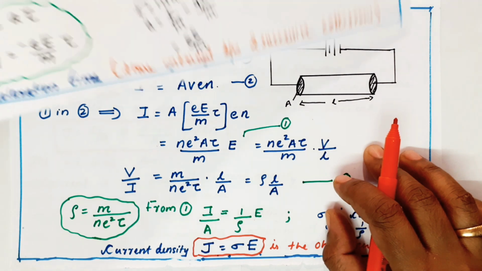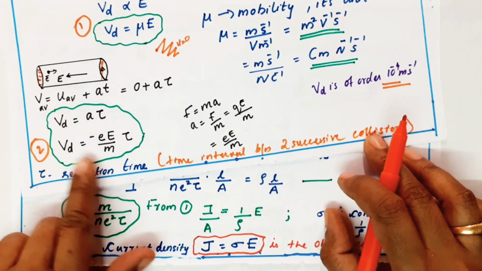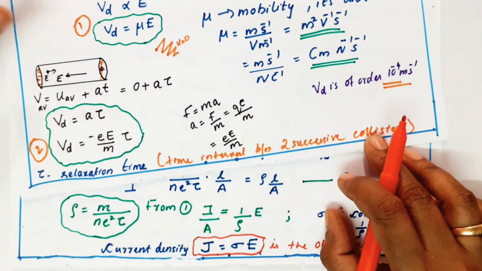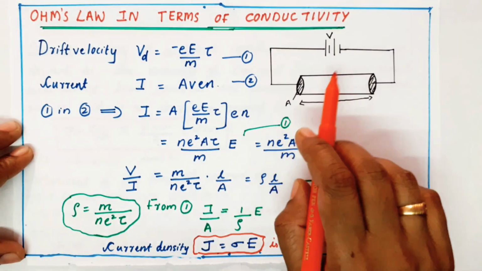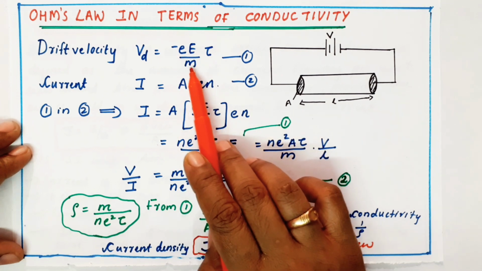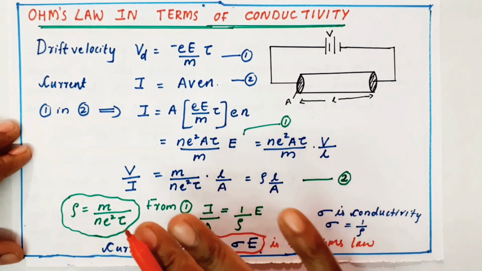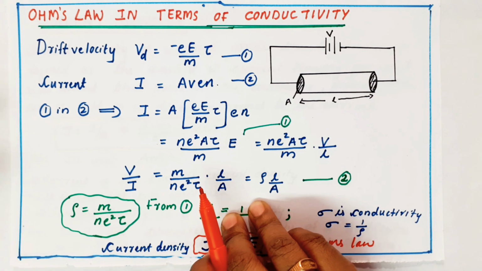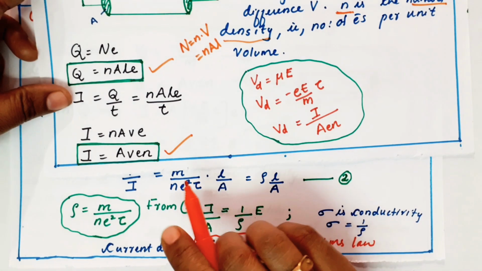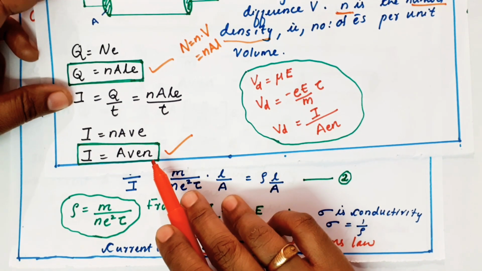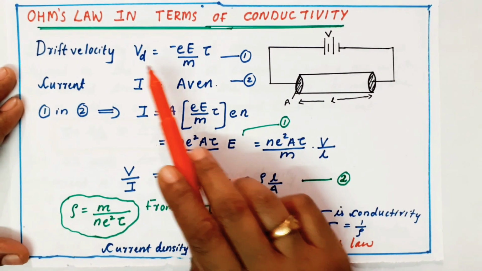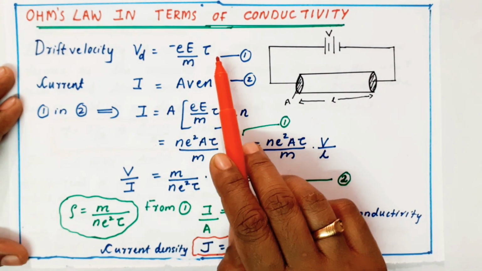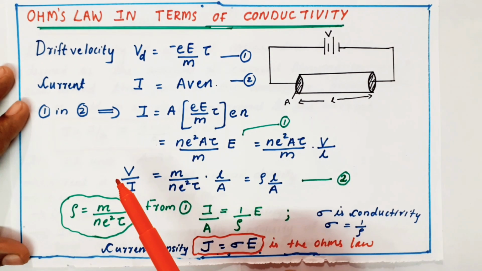We already derived an equation for drift velocity as eE by m into tau. So I am just writing that equation directly, like a continuation only. And on another page we derived an equation for drift velocity through I equals nAve. So I am writing those two equations again: drift velocity as eE by m into tau, and I equals nAve.